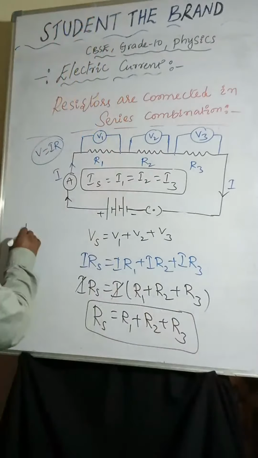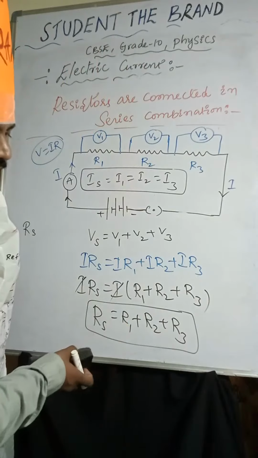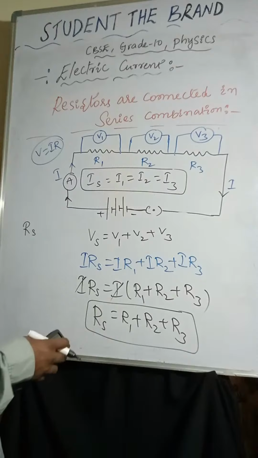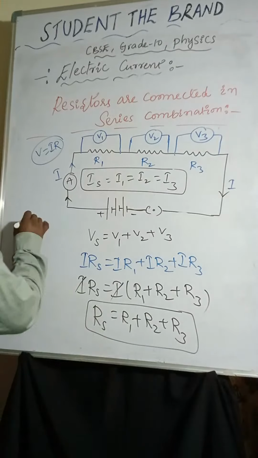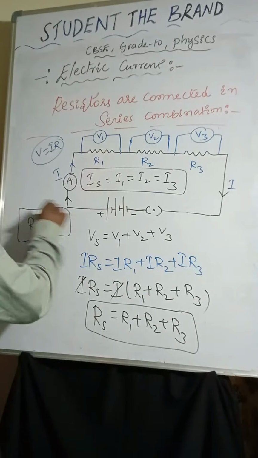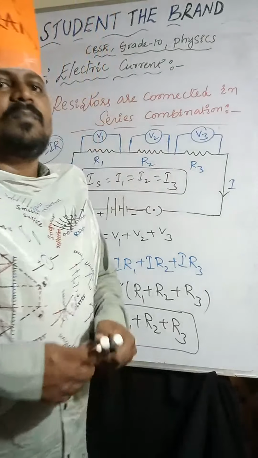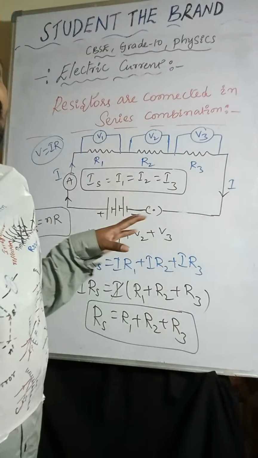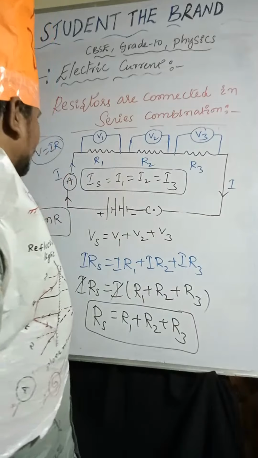If n resistors are connected in series combination, Rs equals nR.